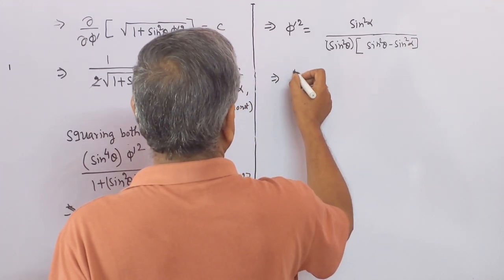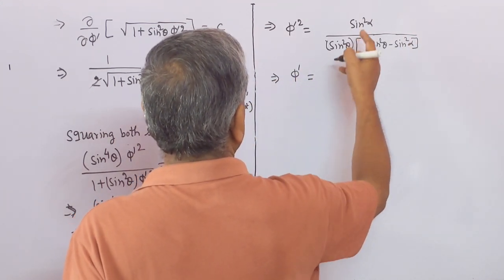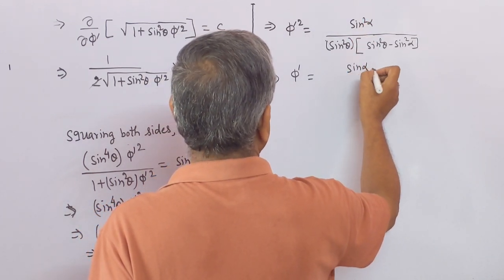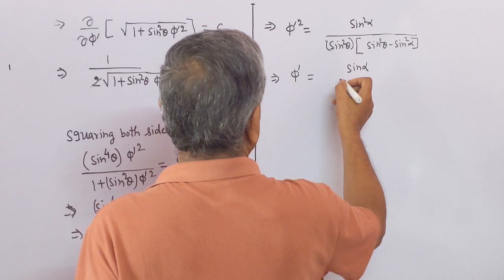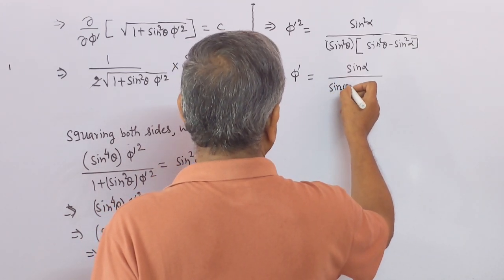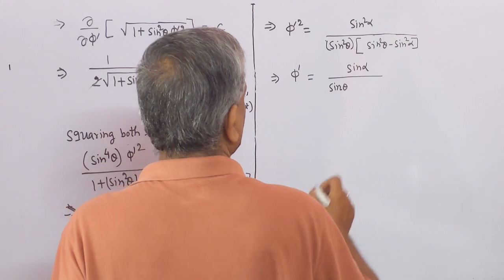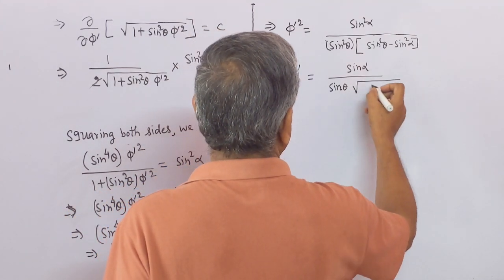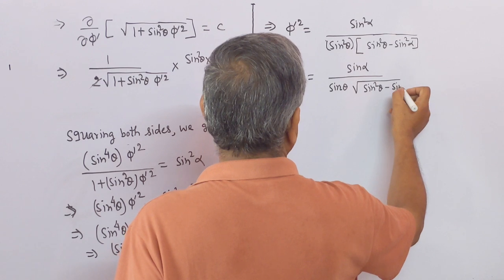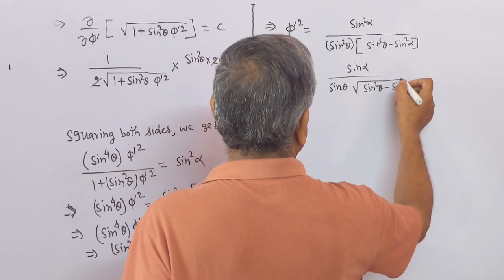Implies that phi prime equal to sin alpha, taking square root both sides, by sin theta square root of sin square theta minus sin square alpha.